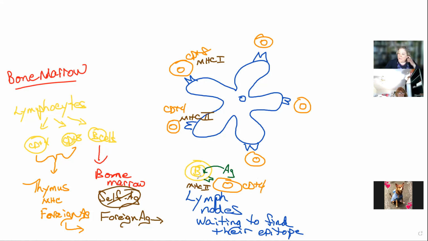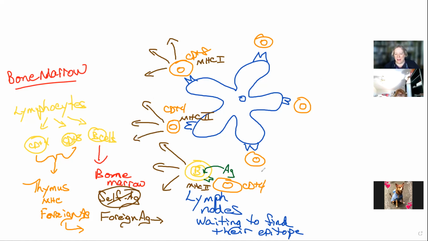Okay, once they find their epitope, okay, then they expand. Okay, I get a whole lot more of them. Okay, so I get a lot of B cells. I get a lot of CD8 and CD4s. Okay. Now these guys, we're going to say these guys haven't found their epitope yet.